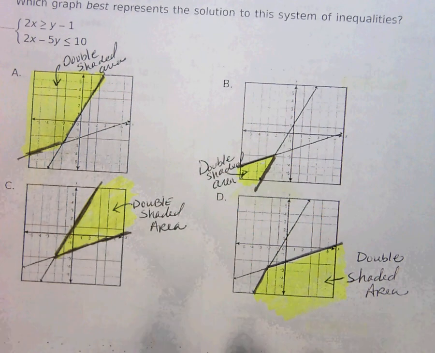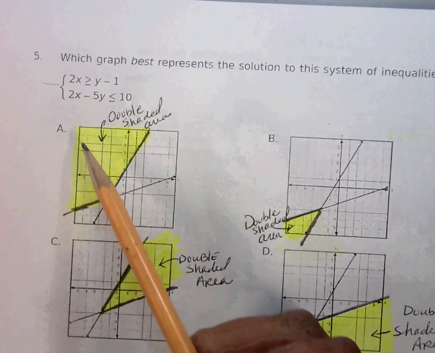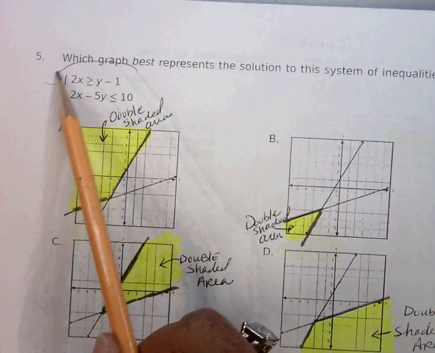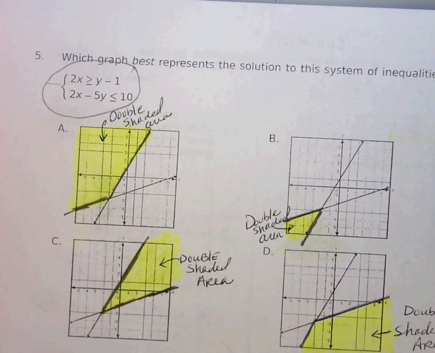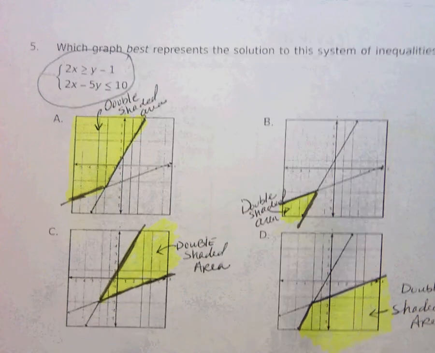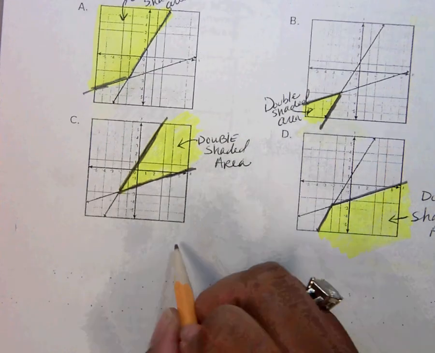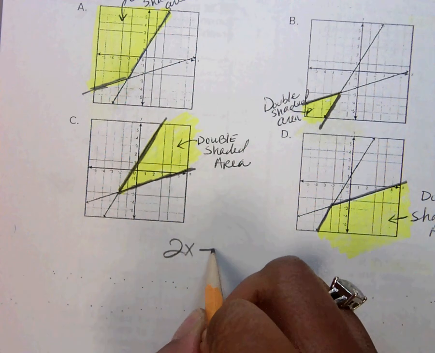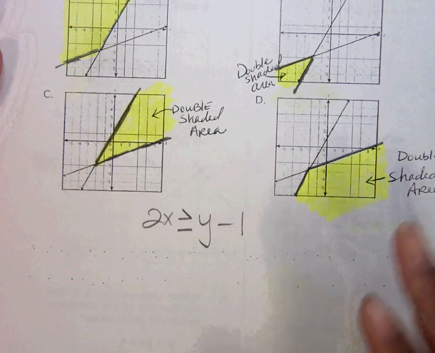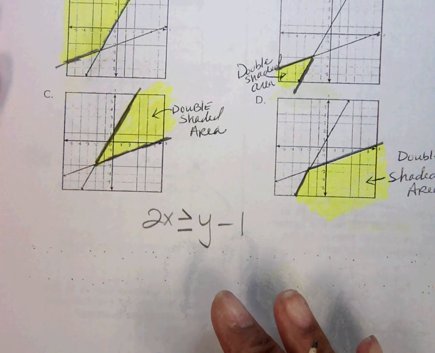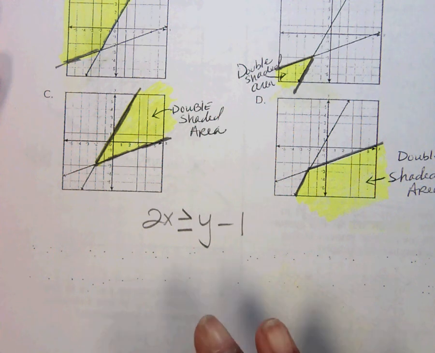Okay, number 5. So I am going to solve these for y and then put them in the calculator. Let's do it. The first one says that 2x is greater than or equal to y minus 1. Now this looks weird to you, and what I am about to do, you're going to disagree with me, but it's right.